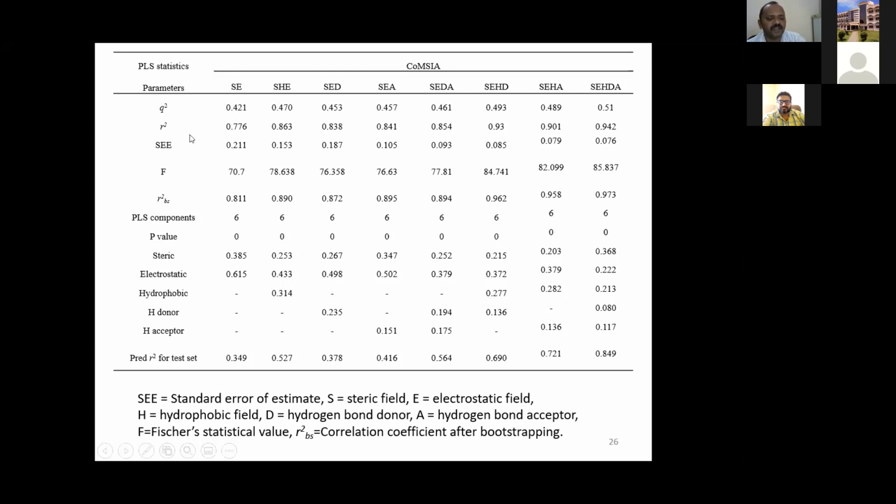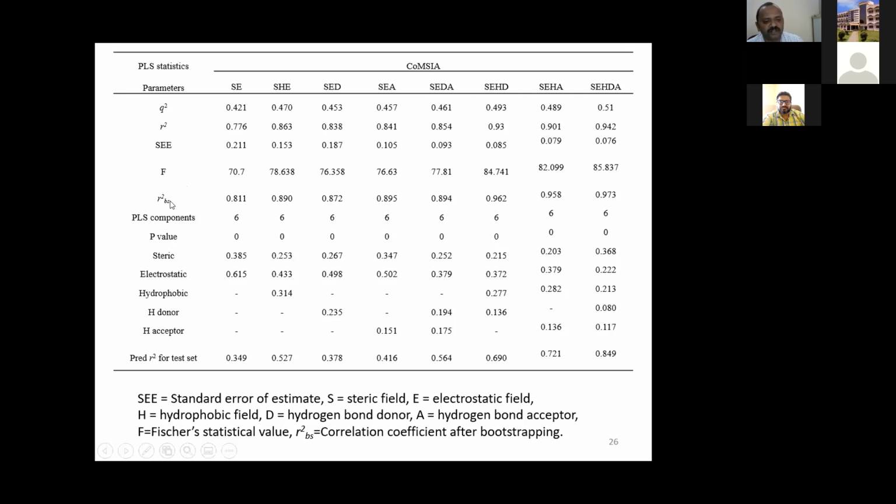Next is the standard error of estimate. It should be as low as possible, and the Fisher statistical significance should be as high as possible. And we do the cross-validated R square value by the bootstrapping method.